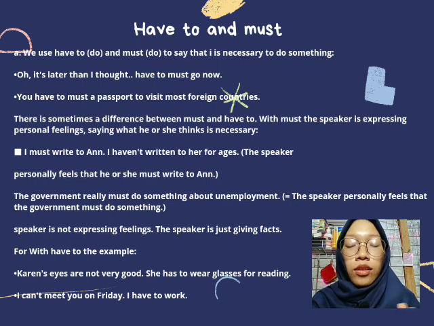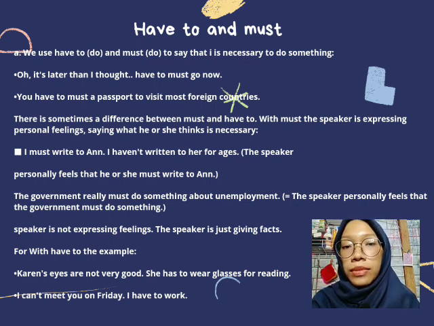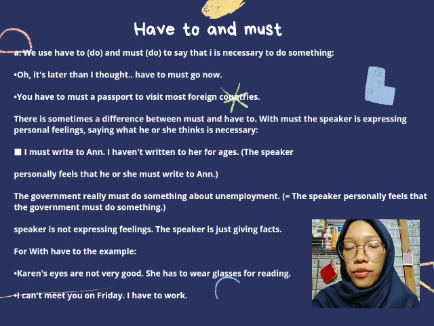For example, I must write to N. I haven't written to H. The speaker personally feels that he or she must write to N. The government really must do something about unemployment. The speaker personally feels that the government must do something.